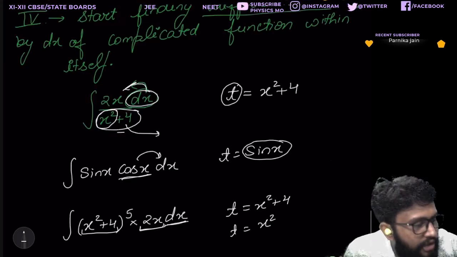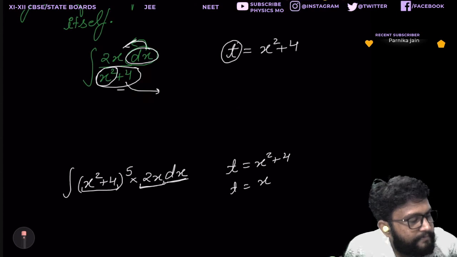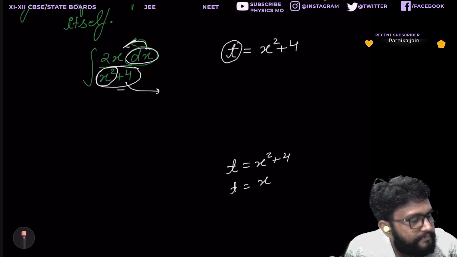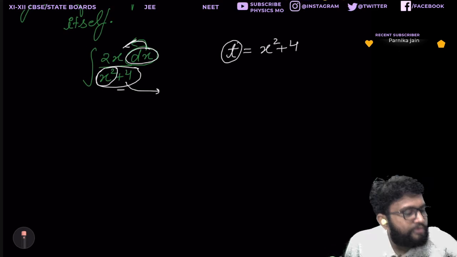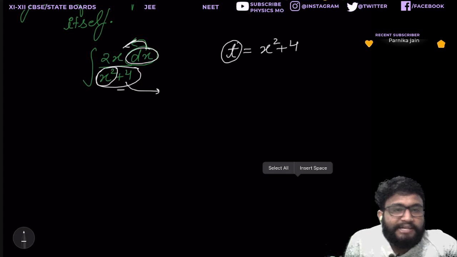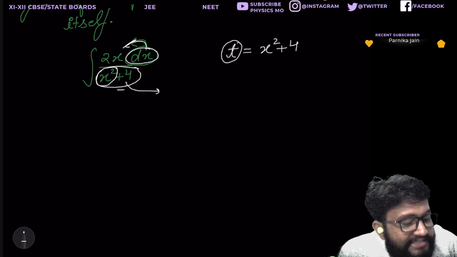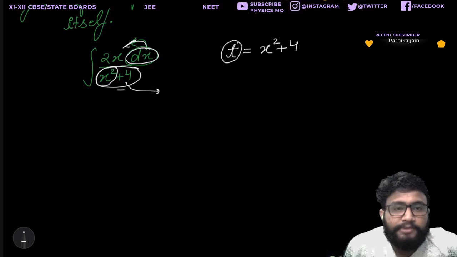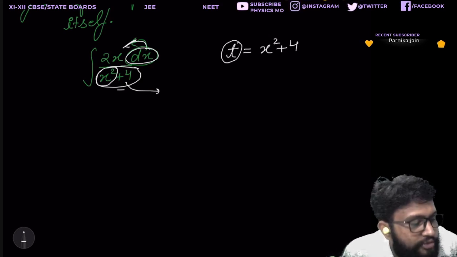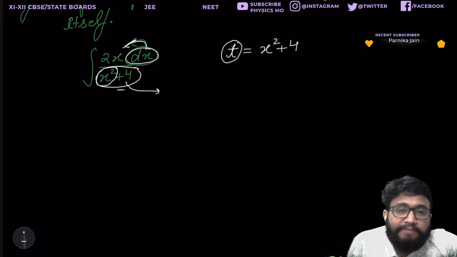ठीक है. So first start from the first example, then we will be taking these. For the first one we have taken this t is equals to x square plus 4. So basically what this means is that we want to replace this x in terms of t everywhere, and we also want to replace this dx in terms of dt, so as this function can be simplified.